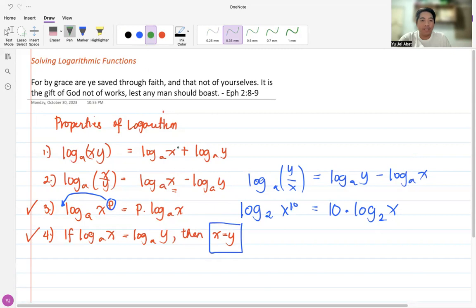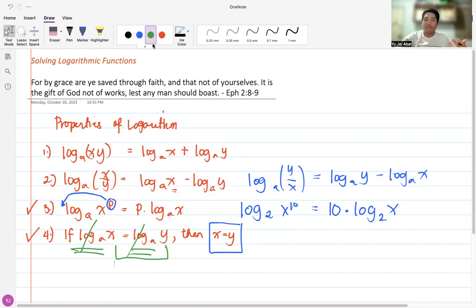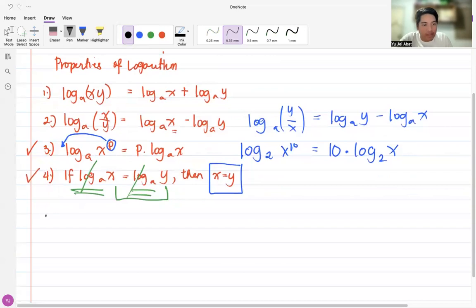So what happens is, if we have a logarithm on both sides of the equation with the same base, it is as if they cancel, and we are left with only x and y. So here are some useful properties that we can use in solving logarithmic functions. Let's try to solve some in order for us to understand this.